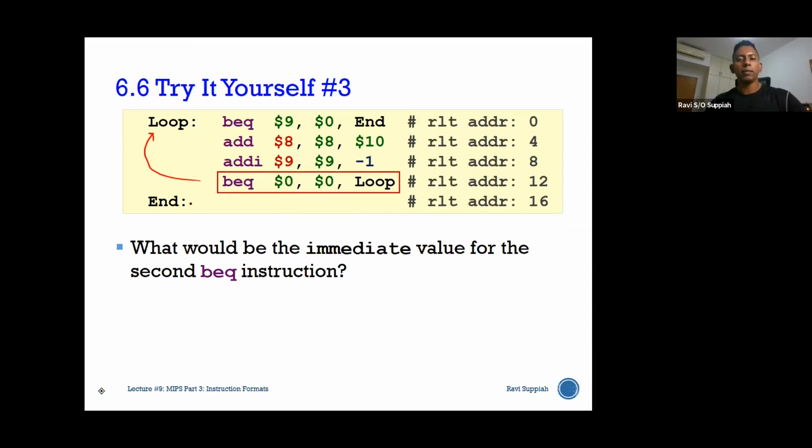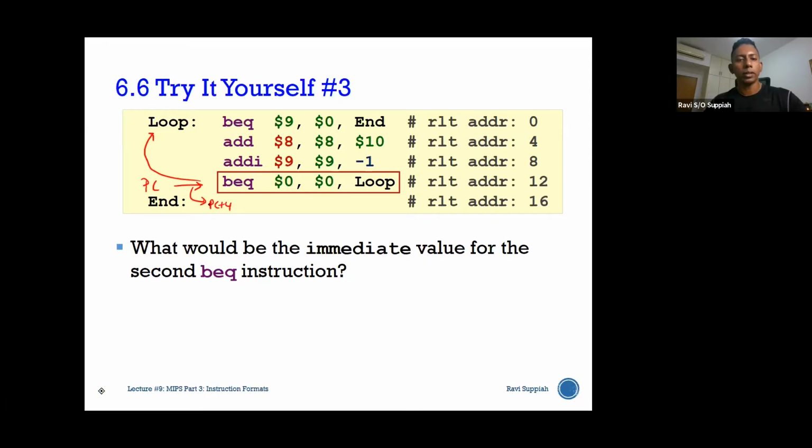So what will be the immediate value for this? Okay, so it again comes back to the same process. When I fetch this instruction, PC is pointing here. But the moment I fetch this instruction, I go to PC plus 4. And from this line, how many lines of code to go back to loop?